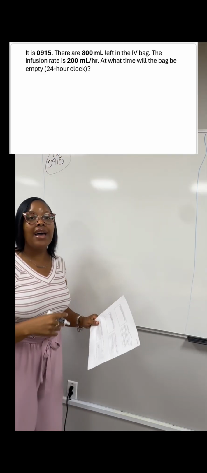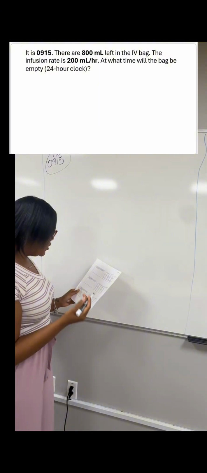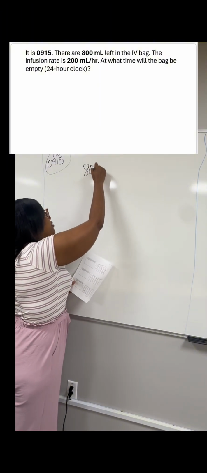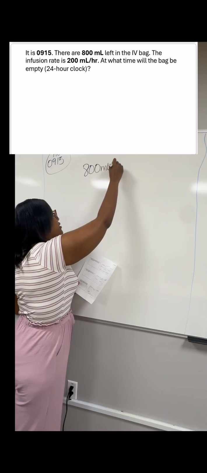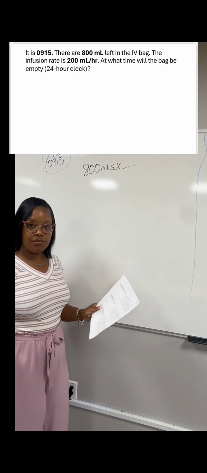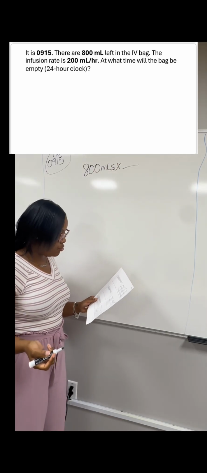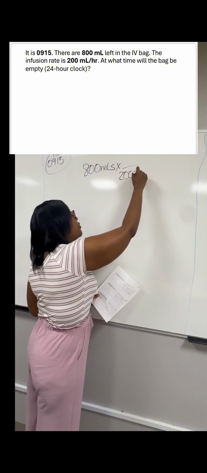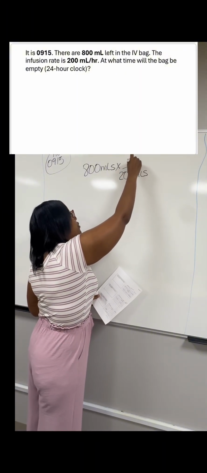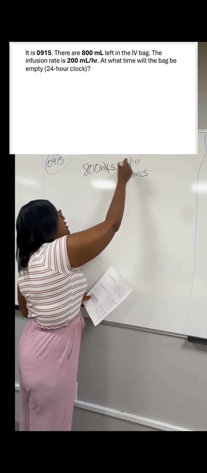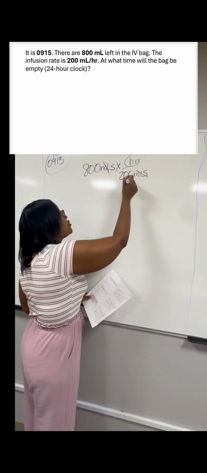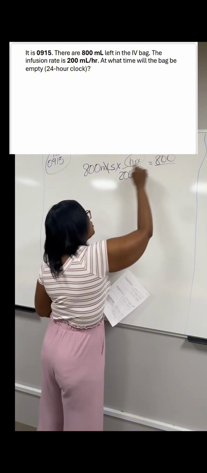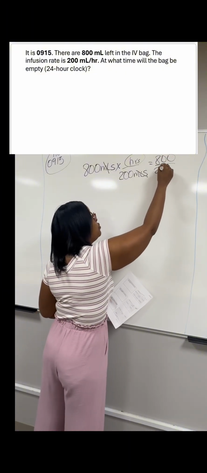So let's start with how many mLs need to be infused. There are currently 800 mLs left. All right, next we want to go to the rate. So the rate is 200 mLs per hour. So 200 is going to go on the bottom, hours is going to go on the top. So mLs cancel out and we're left with hours. So we multiply straight across and we get 800, multiply straight across and we get 200.